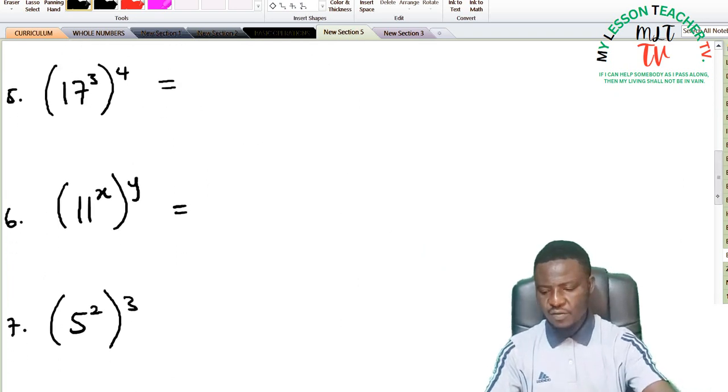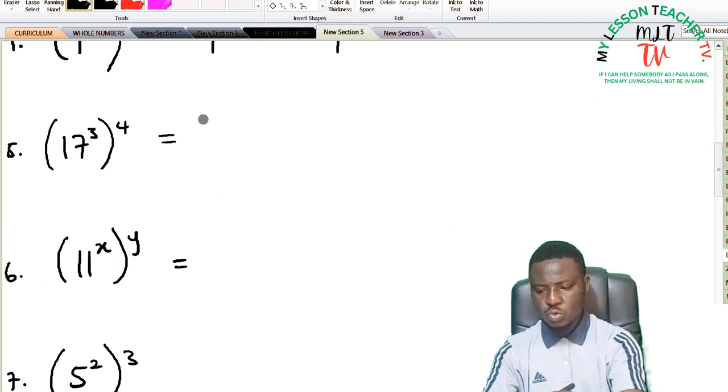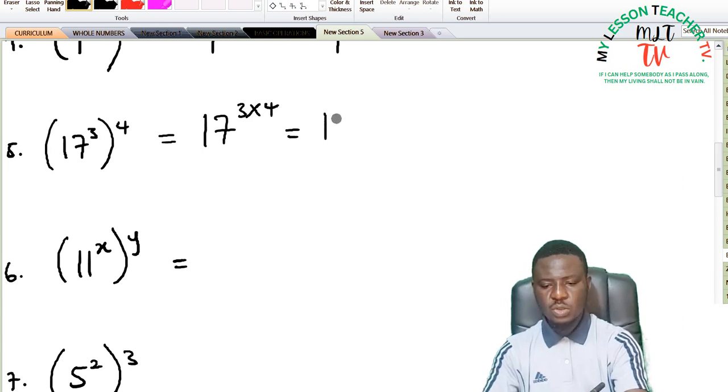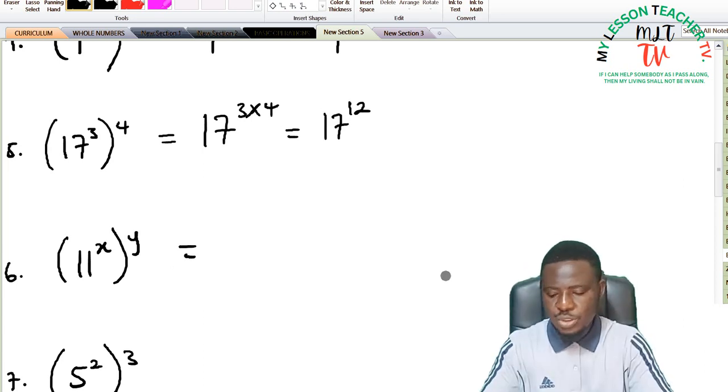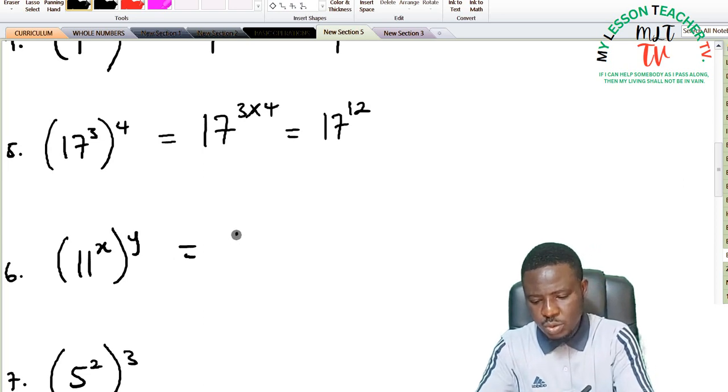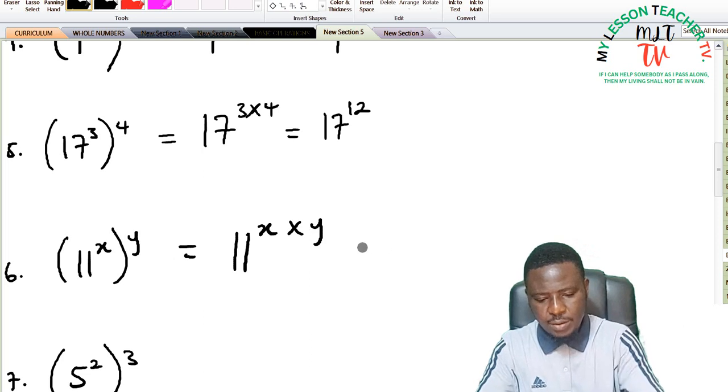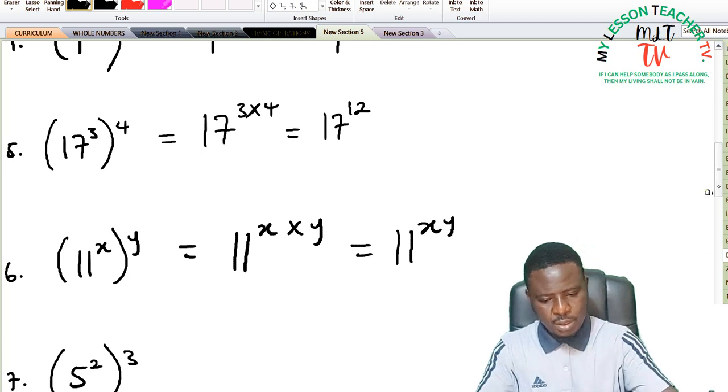And for number 5, this is equal to 17 to power 3 times 4, which is equal to 17 to power 12. Question 6 is equal to 11 raised to the power of x times y, which is equal to 11 raised to the power of xy.